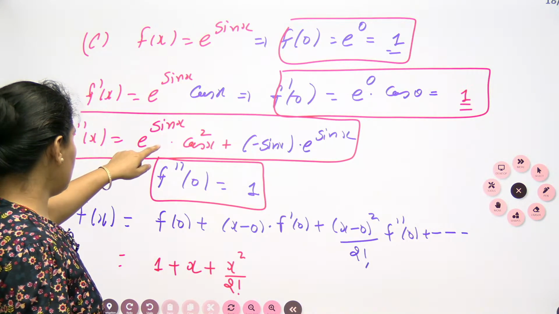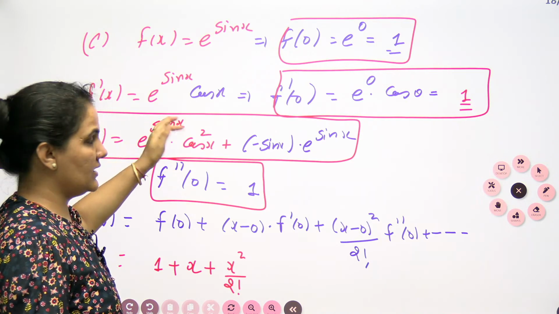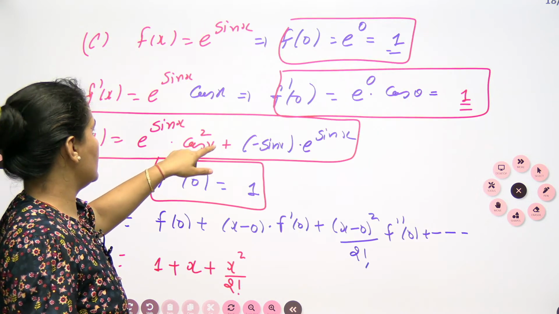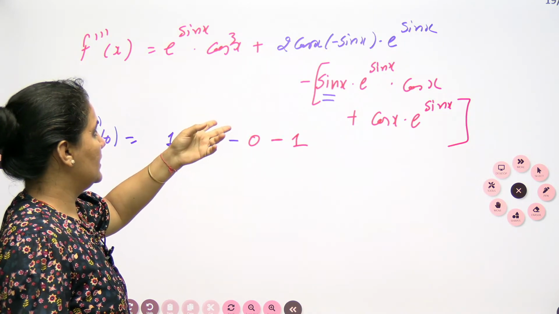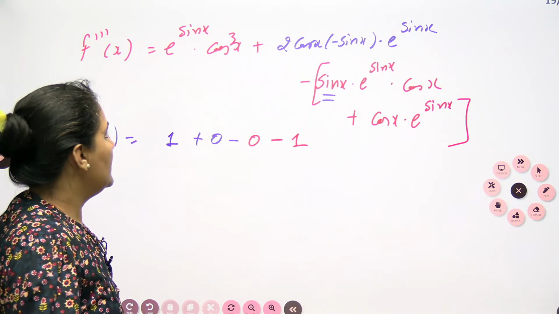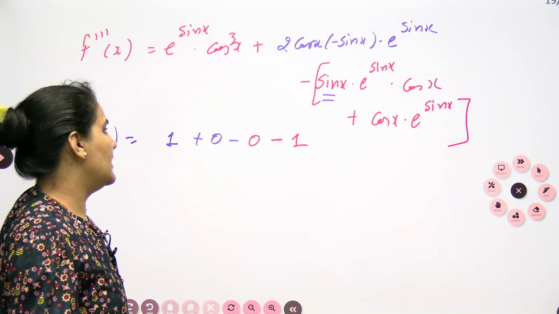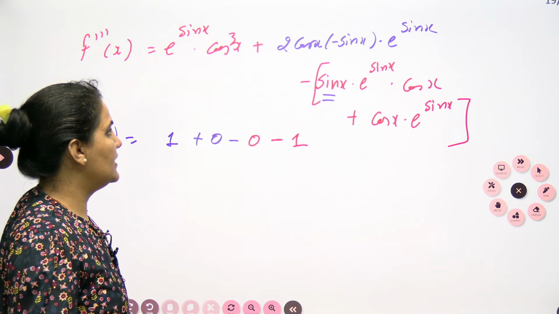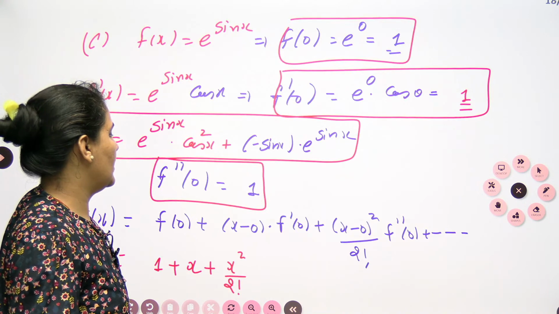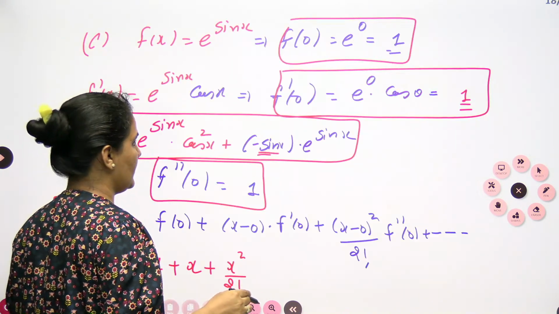E power sin x, the differentiation is e power sin x, differentiation of sin x is cos x, so it will be cos cube x, and in the next we have cos square, so 2 cos x, and this is minus sin x, and e power sin x as it is. In the next minus sin x, so the differentiation of minus sin x is minus cos x, and e power sin x is as it is.